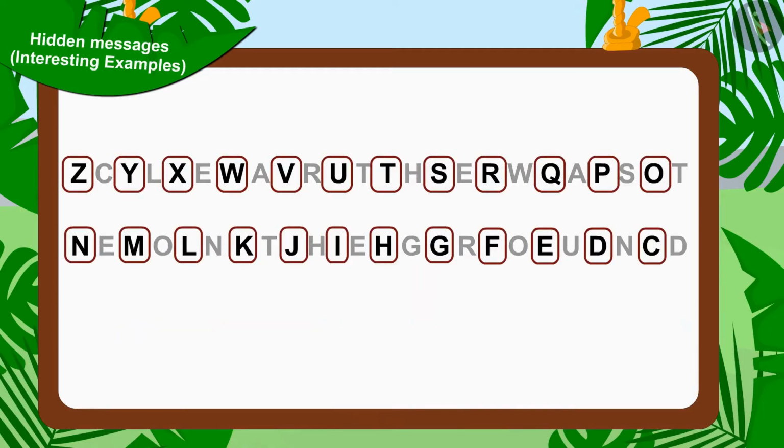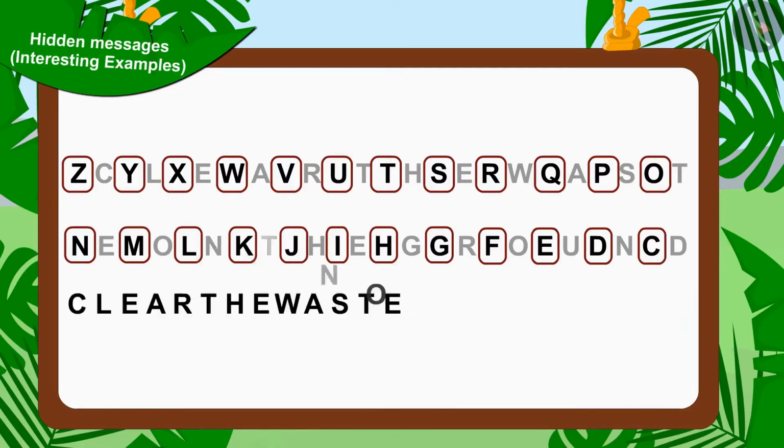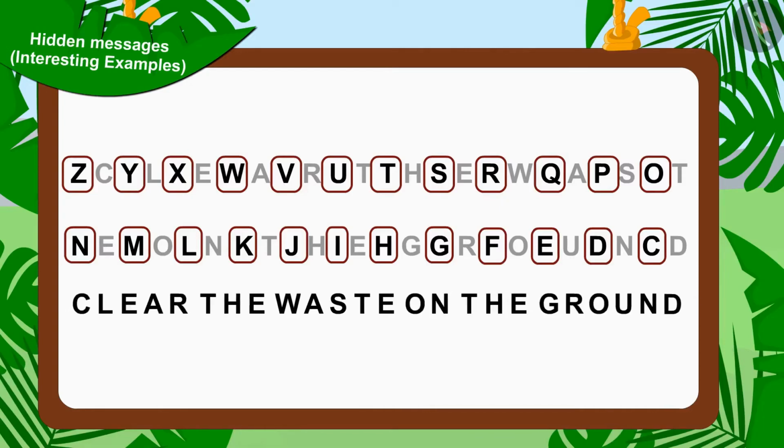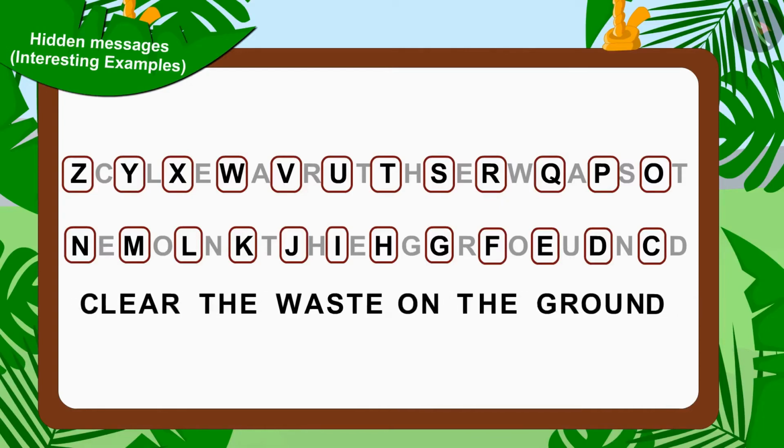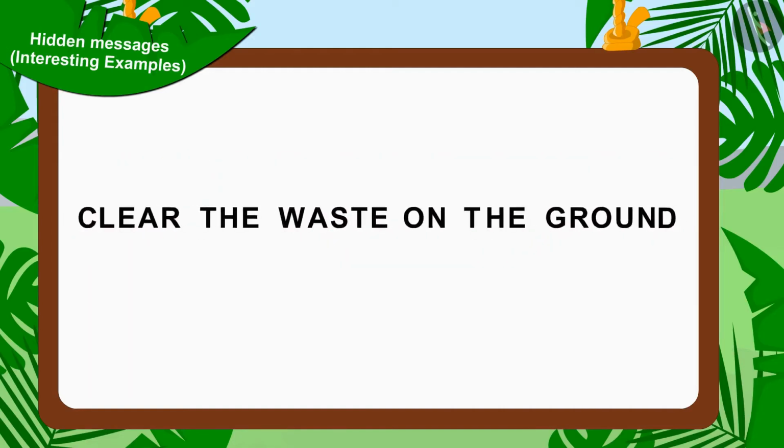No. Let us now write the remaining alphabets separately. Now do you understand Jeev's hidden message? Absolutely right. In this hidden message, it is written, "Clear the waste on the ground."